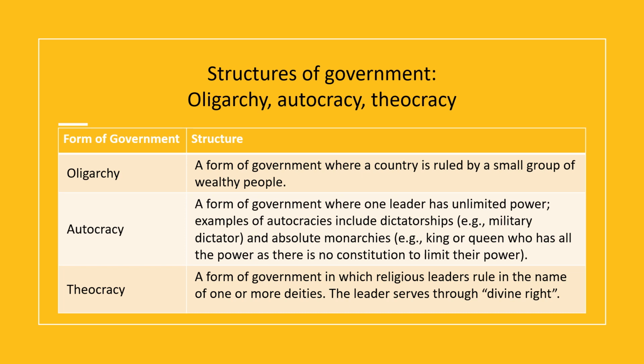Next, we're going to look at the structure of an oligarchy, autocracy, and theocracy. In an oligarchy, a country is ruled by a small group of wealthy people. So here we see that people who have wealth, meaning they have economic power, are also given political power.